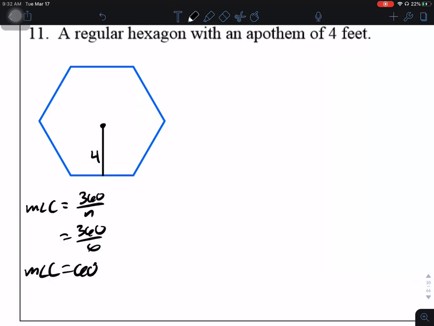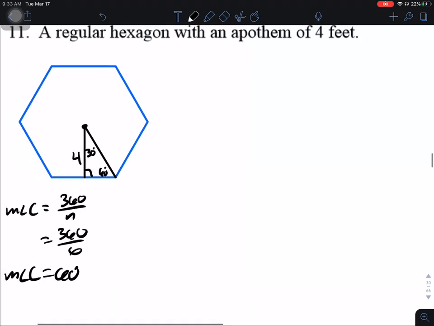More importantly than a central angle is the angle formed by a radius and an apothem, which is always half the central angle. It's a 30, 60, 90. Opposite 60 is the long leg.